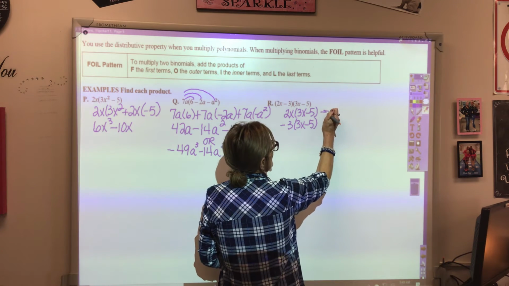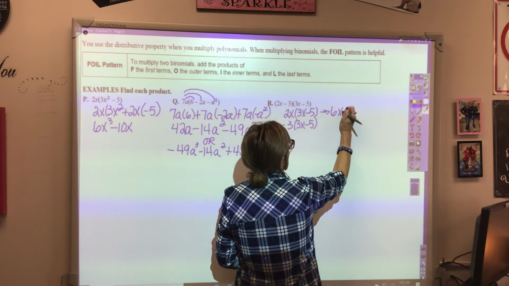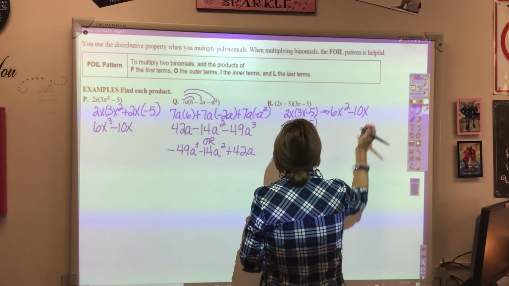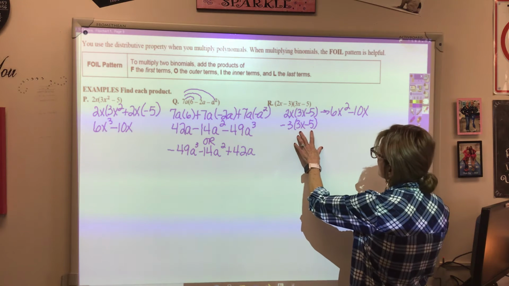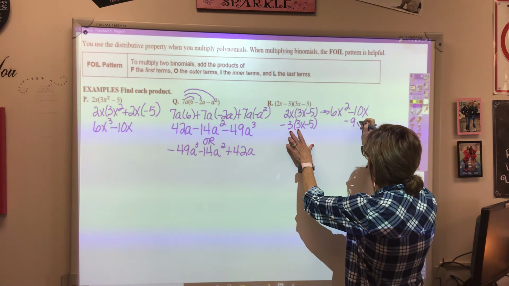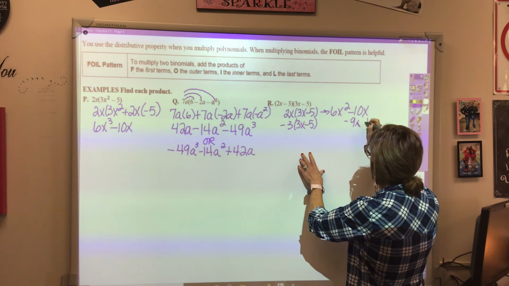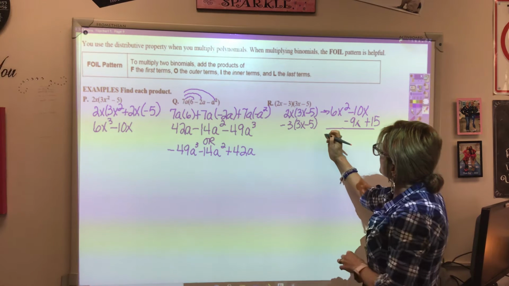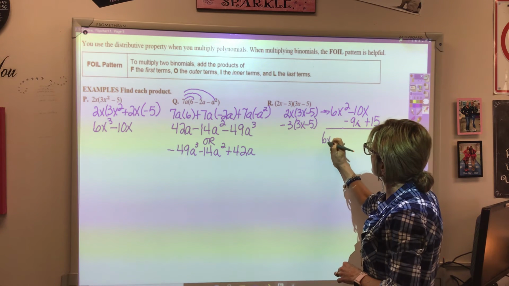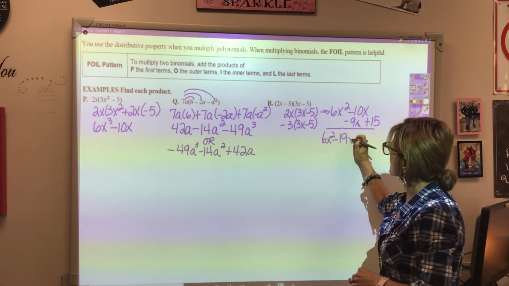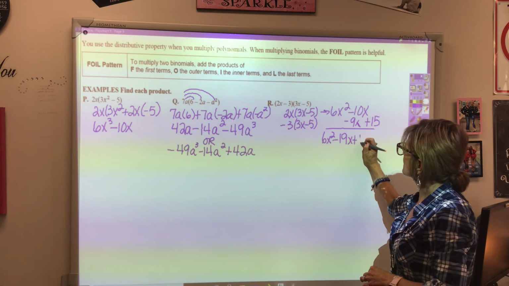This will give us 6x squared minus 10x. Line up the terms when we go down here, so we would have minus 9x plus 15. So our answer would be 6x squared minus 19x plus 15.